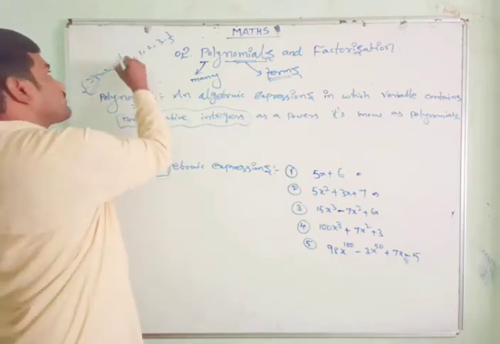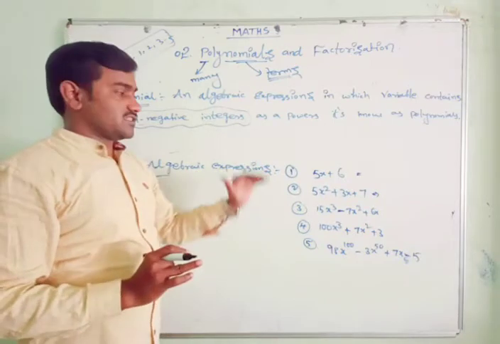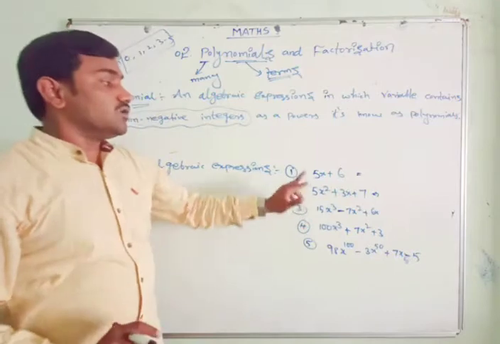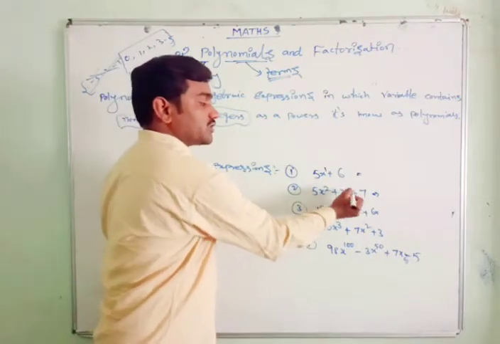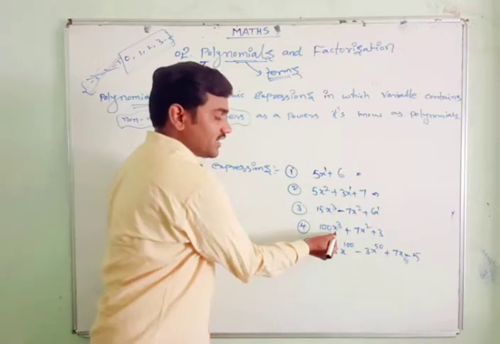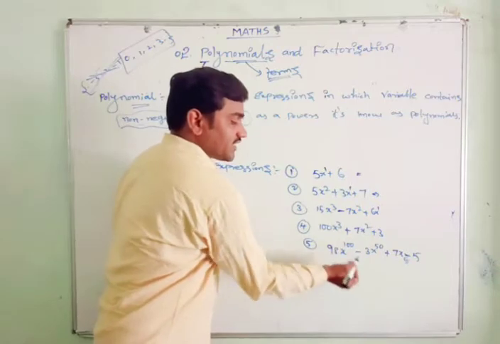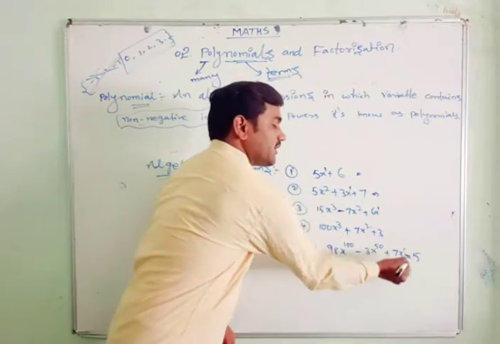Here we can see the x variables. What are their powers? Here x power is 1, here x power is 2, x power is 1, x power is 3, x power is 2, x power is 1, x power is 3, x power is 2, and here x power is 100, x power is 50, here x power is 1, always 1.